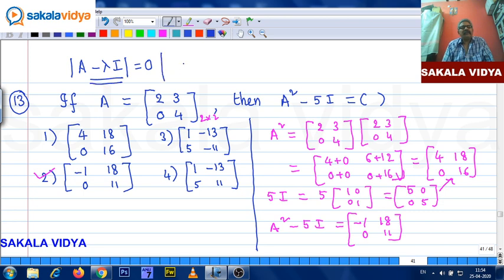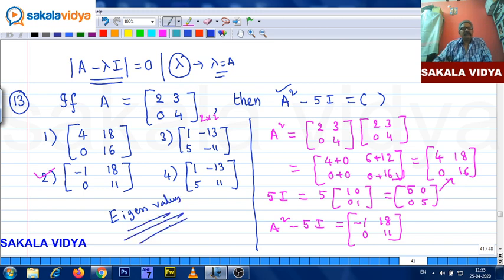You get an equation in terms of lambda, a quadratic equation. In the place of lambda, replace A, and you get this equation. This is called the Cayley-Hamilton theorem. With the help of this we find eigenvalues. This will be higher standard. You are going to discuss it in your IITs and engineering courses when you enter there.